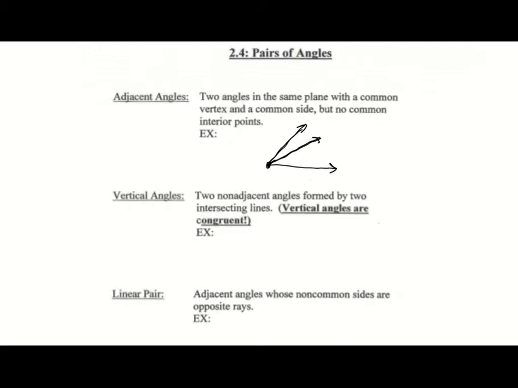If we put some points on there, we could name it E, H, F, and G. And we could say that angle EHF is adjacent to angle FHG. Okay, it is next to FHG. That is what adjacent means.